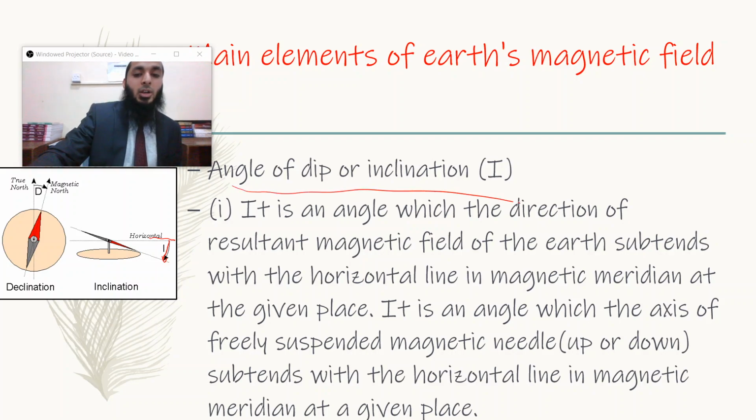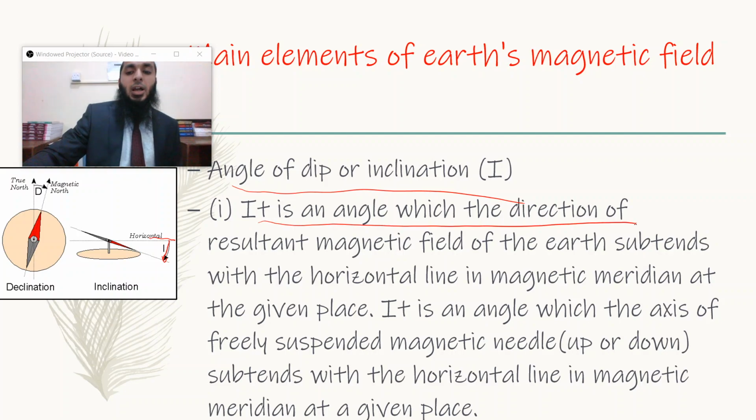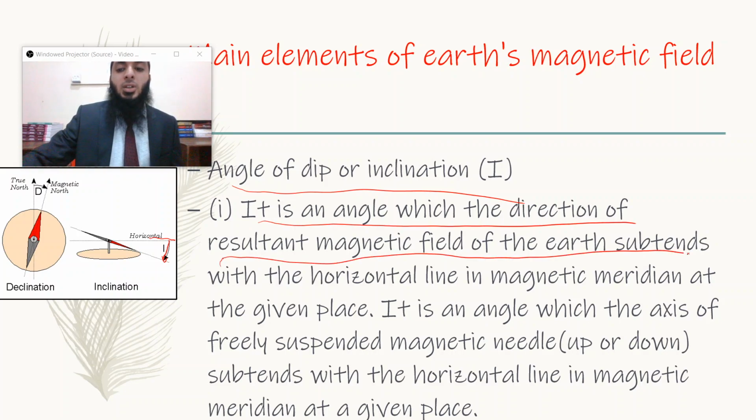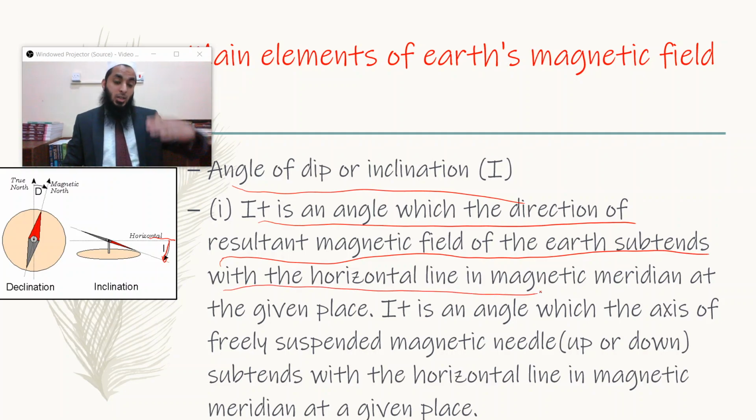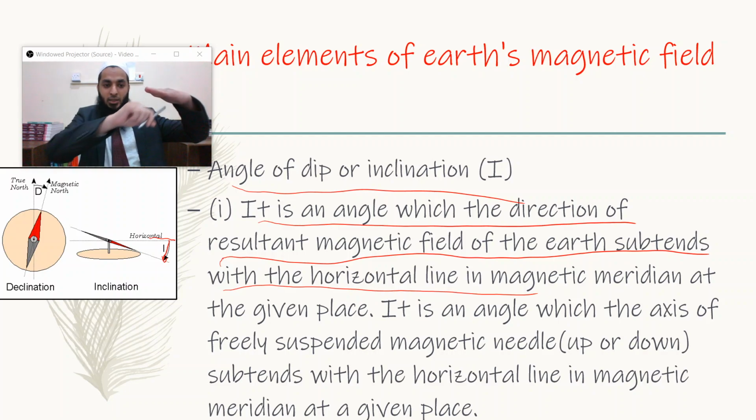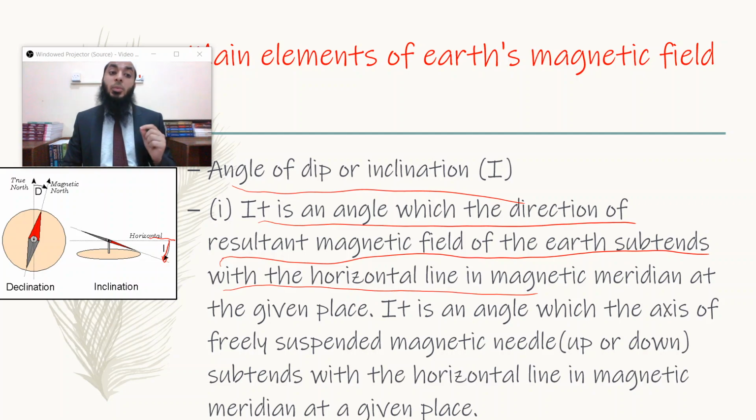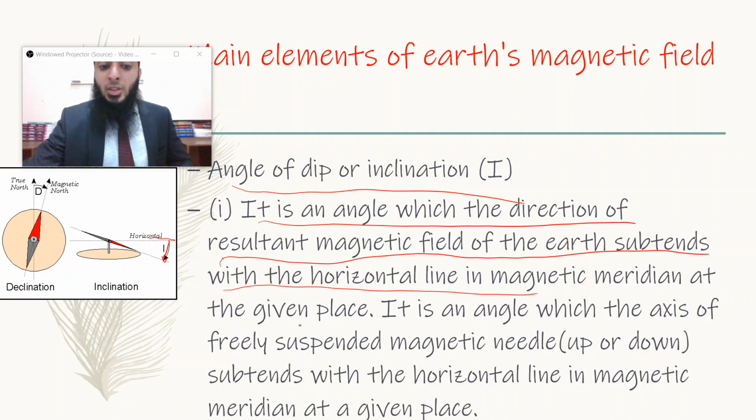It is the angle which the direction of the resultant magnetic field of the Earth makes with the horizontal line in the magnetic meridian. So the resultant magnetic field and the horizontal will make the angle of dip or angle of inclination. Is it clear to everyone? Let's proceed, and it varies from place to place.